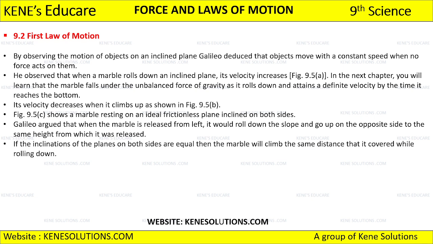Galileo had already deduced that objects are going to move with constant speed when no force acts on them. So he started arguing on this fact that when the marble is released from the left, it will roll down the slope and go up on the opposite side to the same height from which it was released.